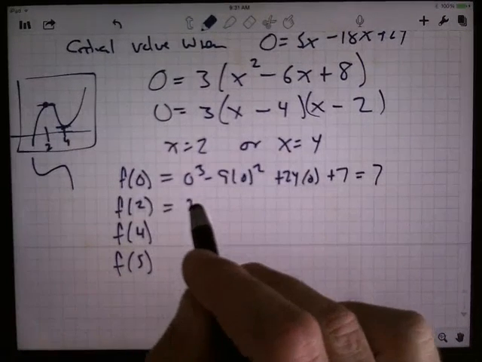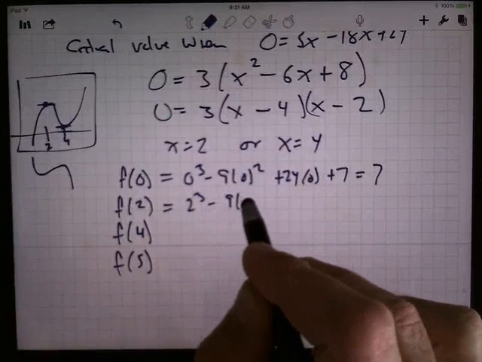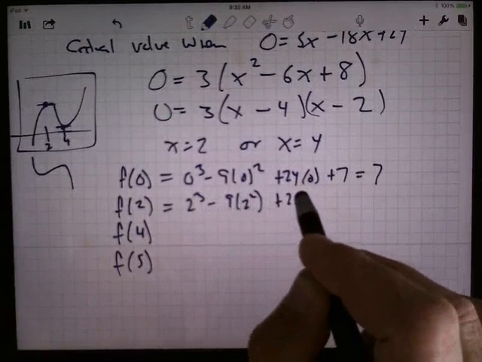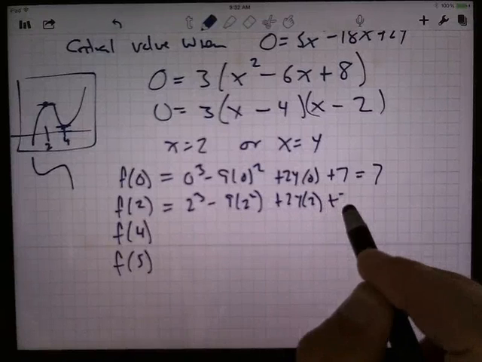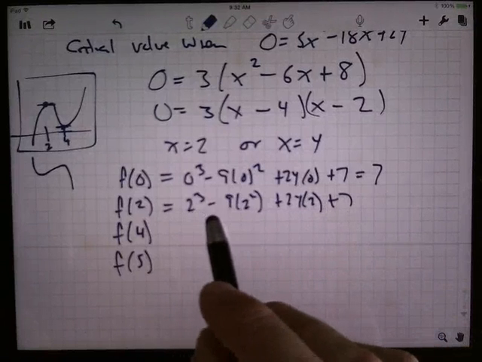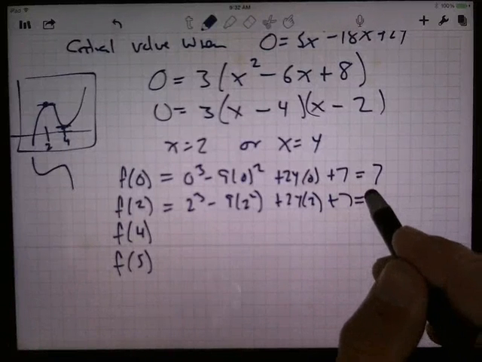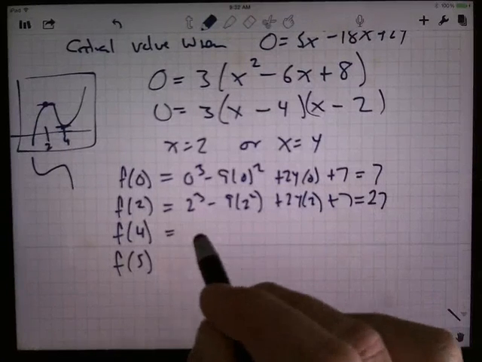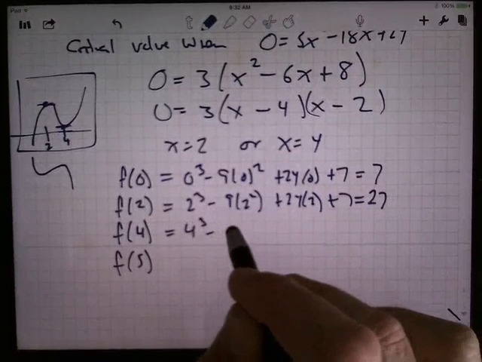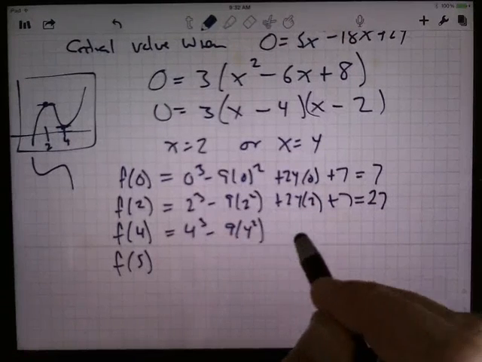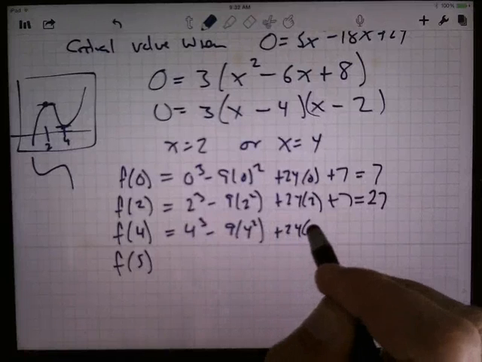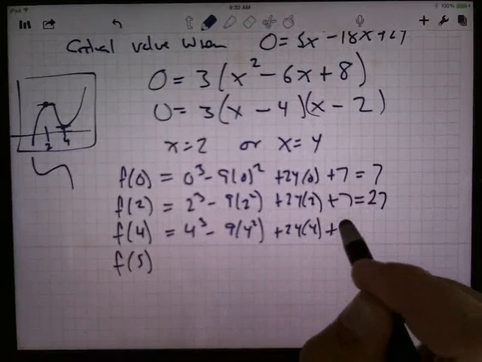Plug a 2 in, so 2 cubed minus 9 times 2 squared plus 24 times 2 plus 7. So I've got 8. What is that equal to? Equals 27. And then I'm going to do 4 cubed minus 9 times 4 squared plus 24 times 4 plus 7.